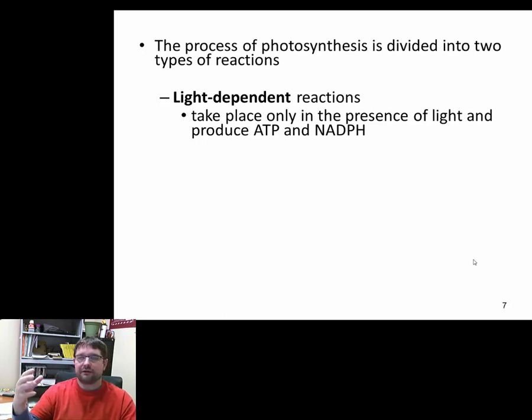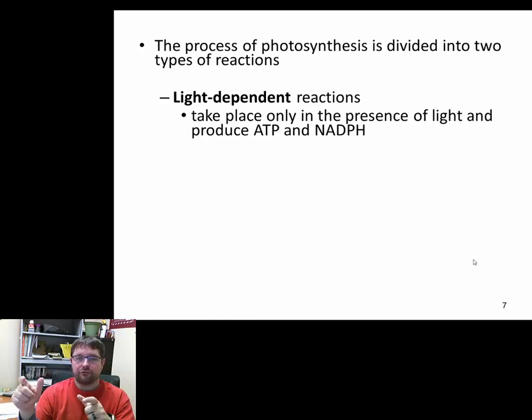Often we think about light being sunlight, but you also have to think about plants growing in a greenhouse or inside a person's home away from the windows. They can pick up photons, they can pick up energy from just overhead lights or special UV lights that you would see in a greenhouse. That's still a light-dependent reaction, and it's still the same kind of process. It doesn't have to be photons from the sun.